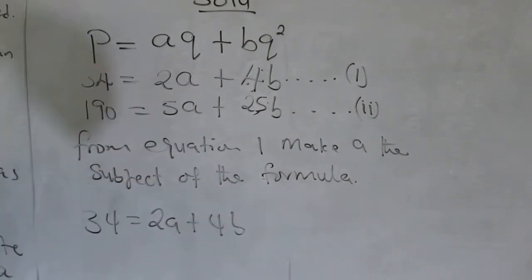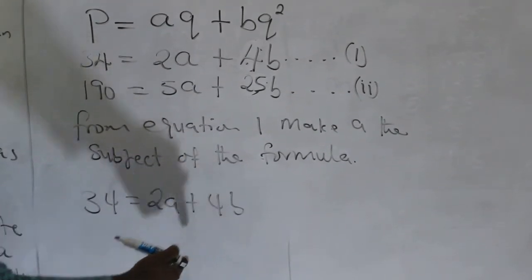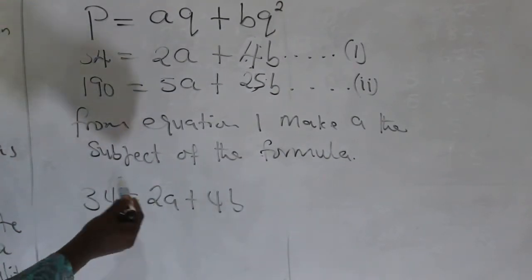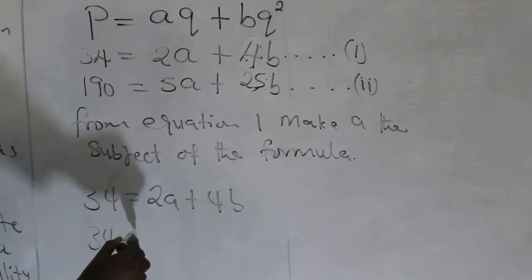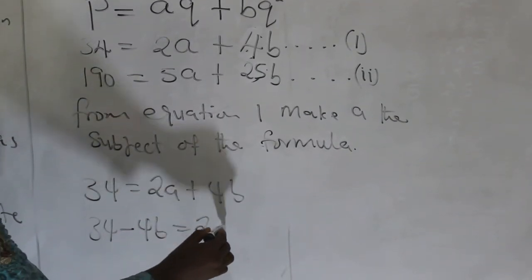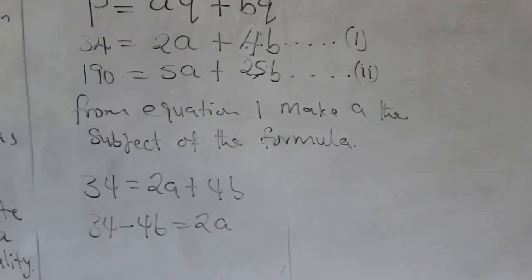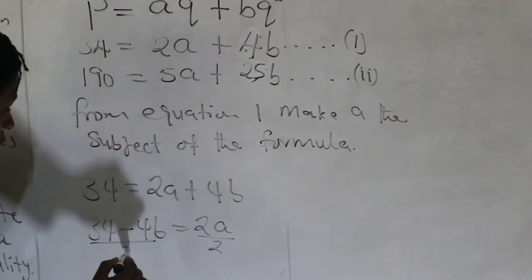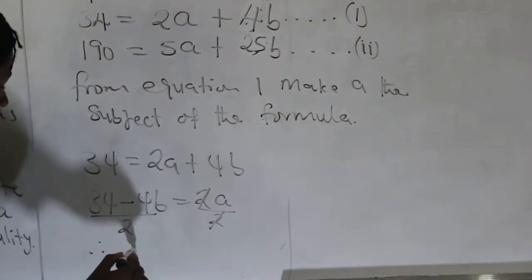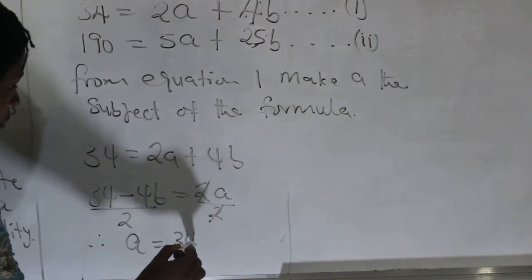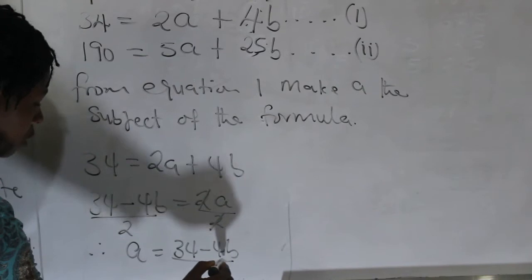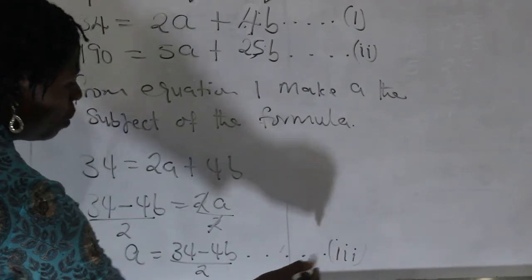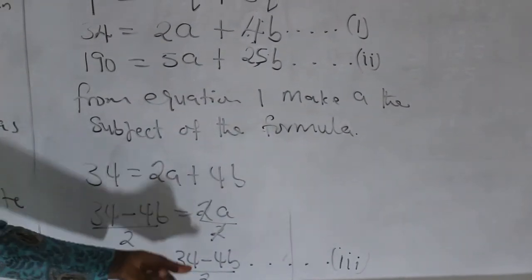So I want to make A the subject. So I'm going to subtract 4B from both sides. We can make it like that. So it will give us 34 minus 4B is equal to 2A. So you're looking for A. We divide both sides by 2. So therefore, A is equal to 34 minus 4B all over 2. We can also name it equation 3.